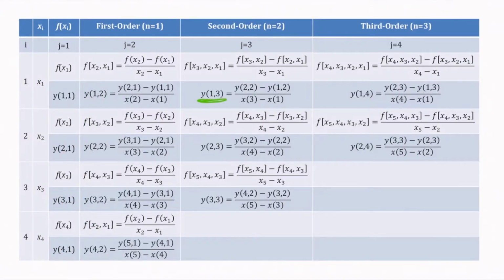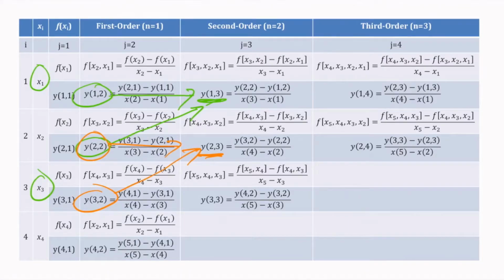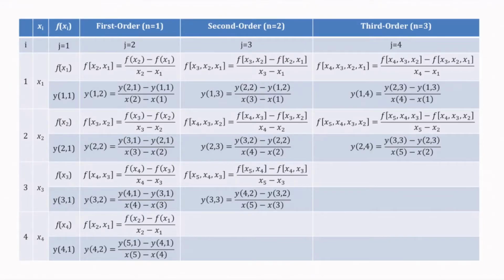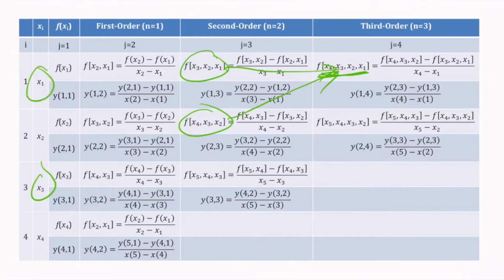In the same way, to get y13, I need this, and also these two. And to get y23, I need this, and these two. And to get the third order divided difference terms, I naturally need these two, and also x3 and x1.